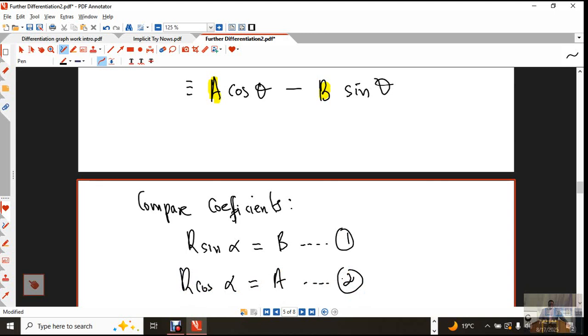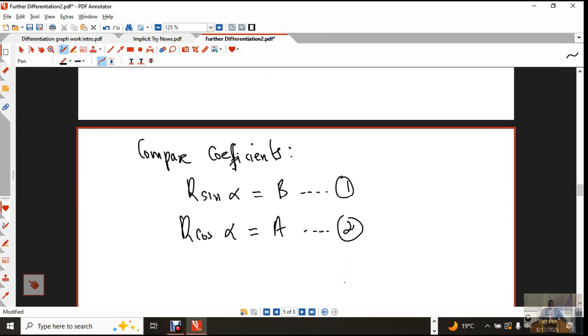What we are going to do now is divide equation 1 by equation 2, the way I have written it down.